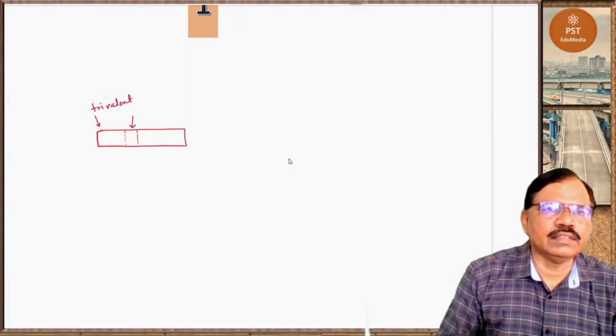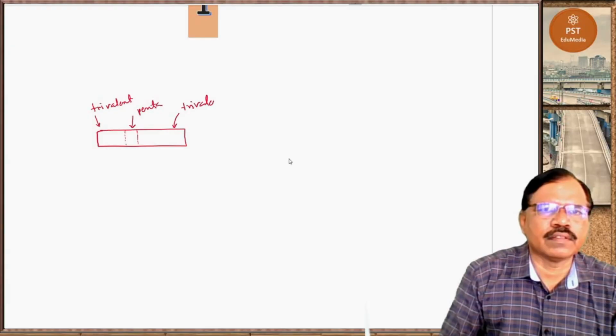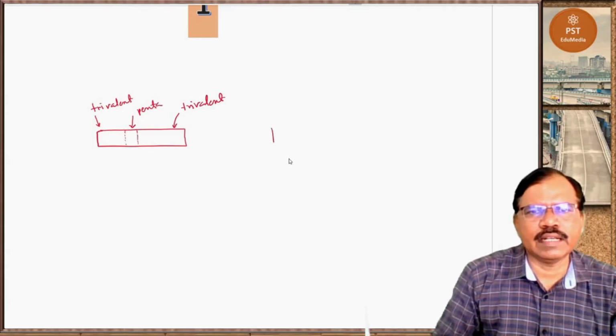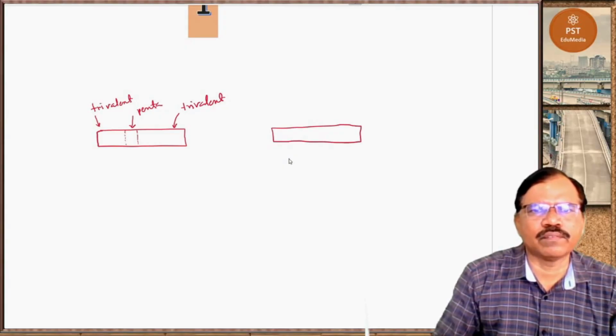Here this region is doped with pentavalent impurity. This region is doped with trivalent impurity. This is one case.